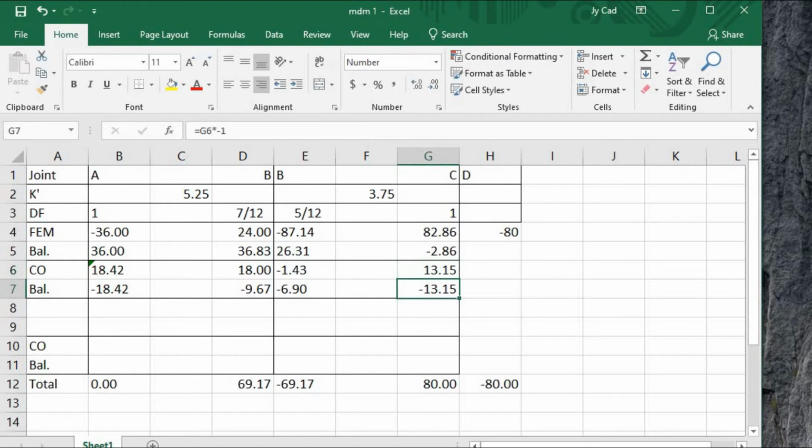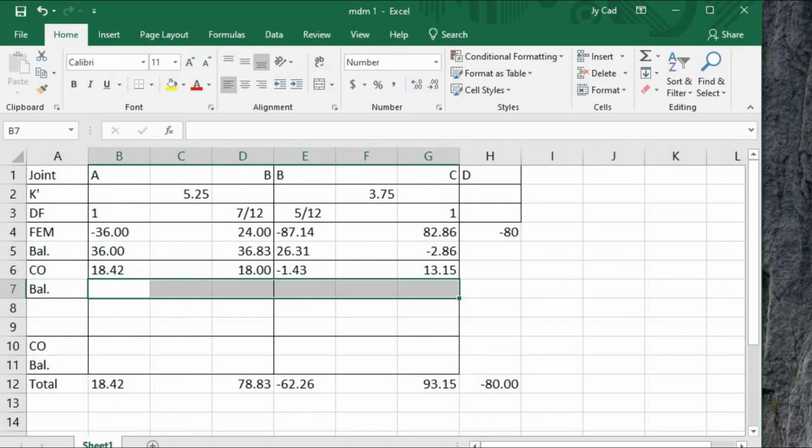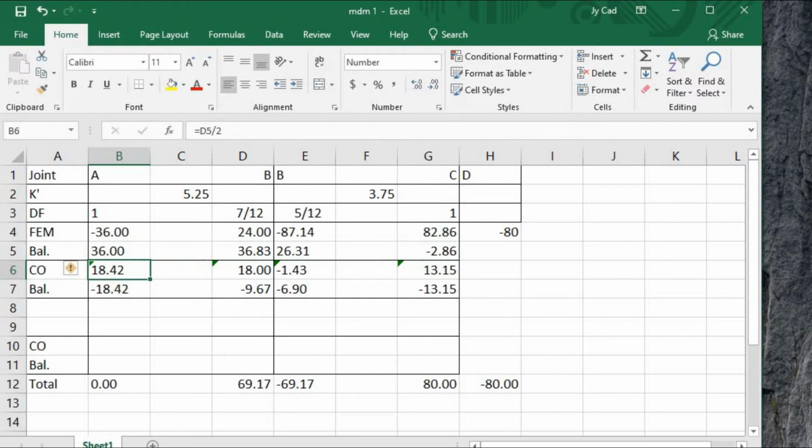And then, ayan. Let's say, dito tayo ngayon sa first balance. Ang gagawin natin, you just copy yung balance sa first cycle. Copy mo yan. Paste mo dyan. Okay? And then, let's review ngayon yung carry over sa second cycle.